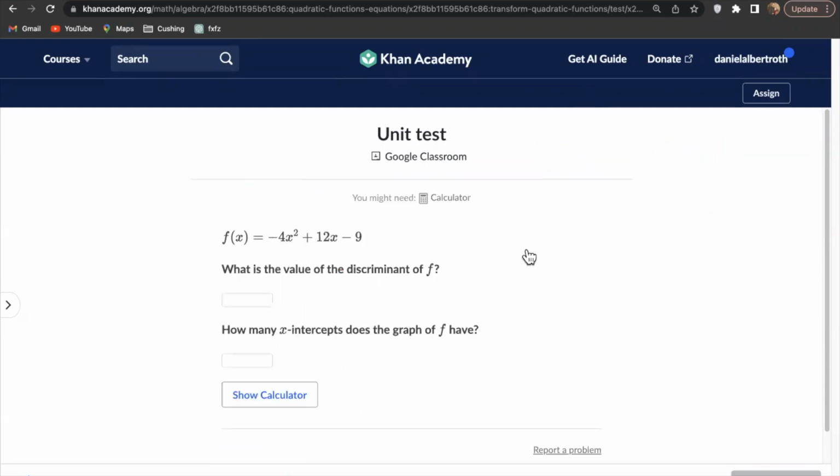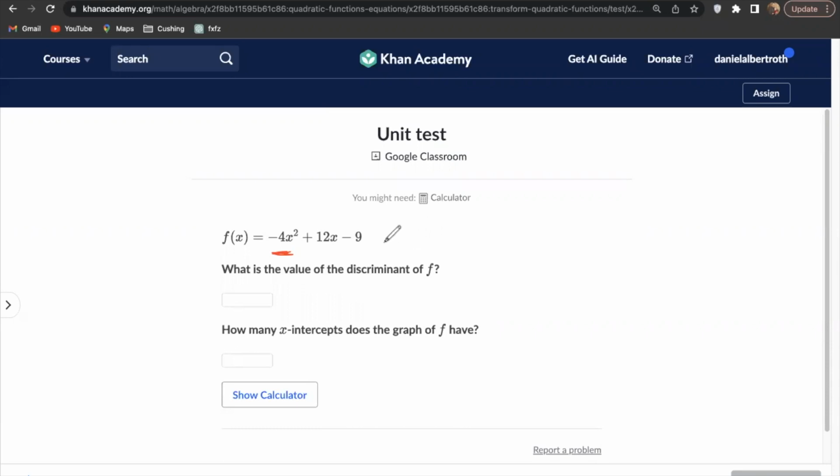All right, cool. So this is a quadratic function, and it asks for the value of the discriminant of f. So this I hope is going to work either way we do it. I don't like having the negative 4 in front. So what I always sort of do is I always pull the negative out.